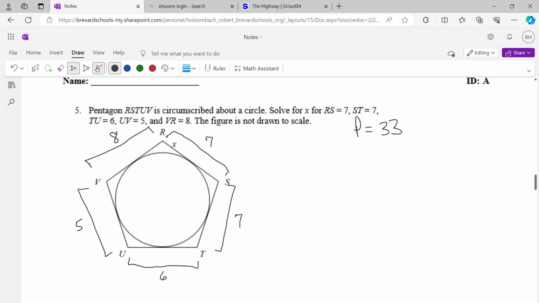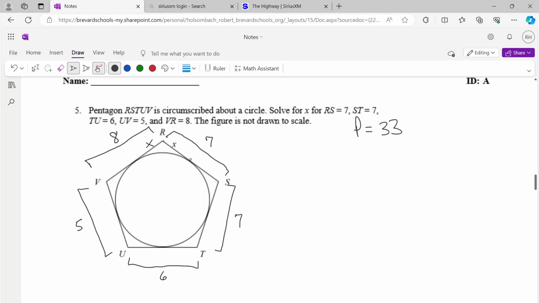Now, the second thing that we have to do is write all these tangent pieces in terms of x. So if this first tangent is x units, then this tangent is x units. Two tangents from the same external point are congruent.